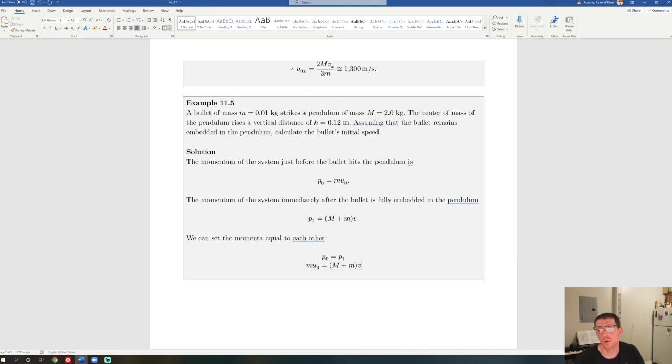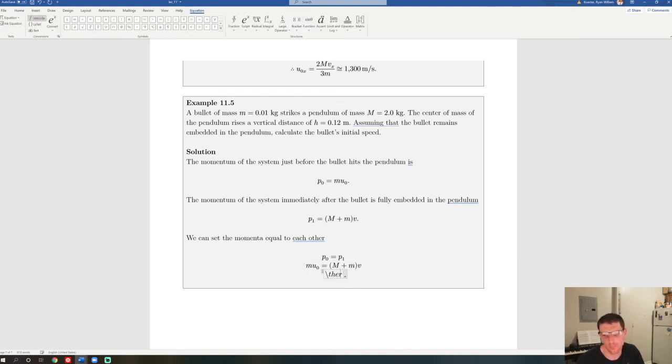Okay, so from this we can solve for, therefore, what V must be. V must be, and this is pretty similar to what we found with the clay and the block, just mu naught over big M plus little m, right?